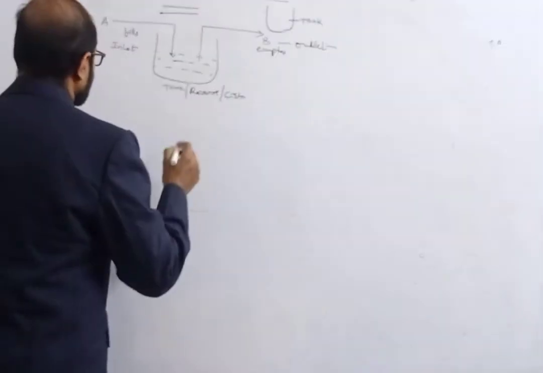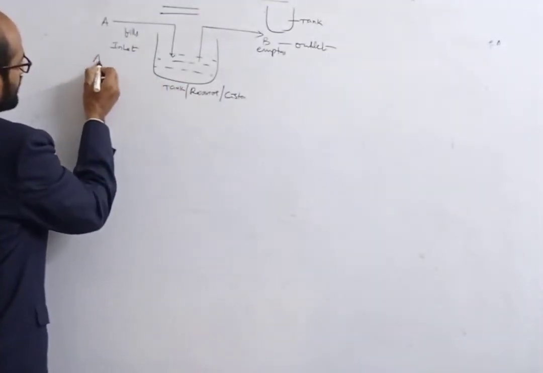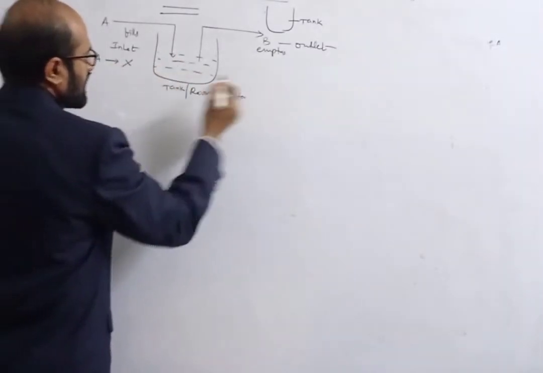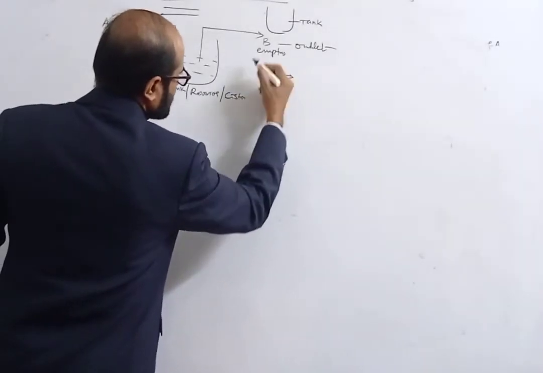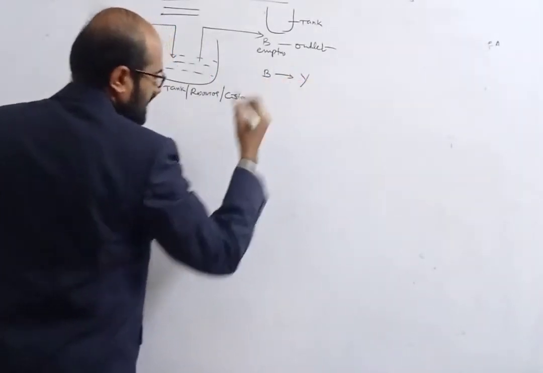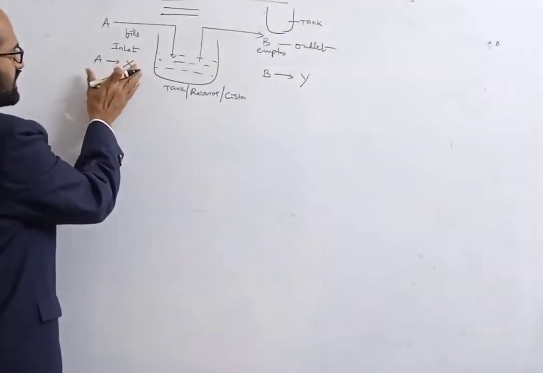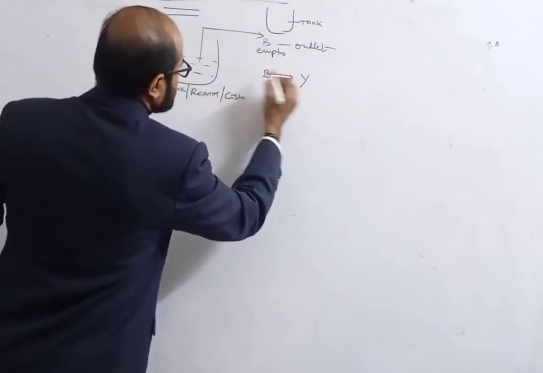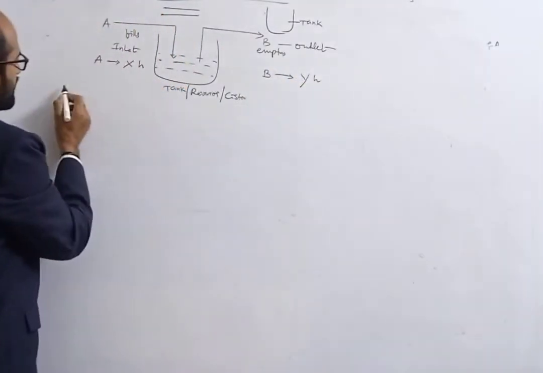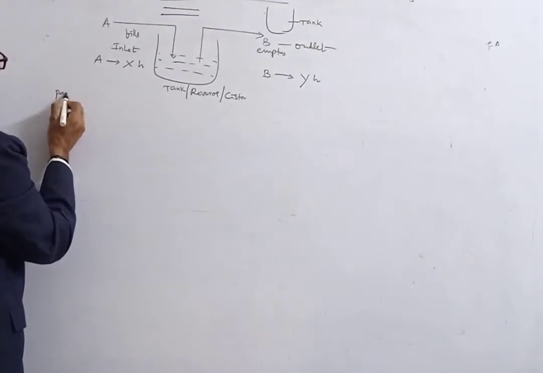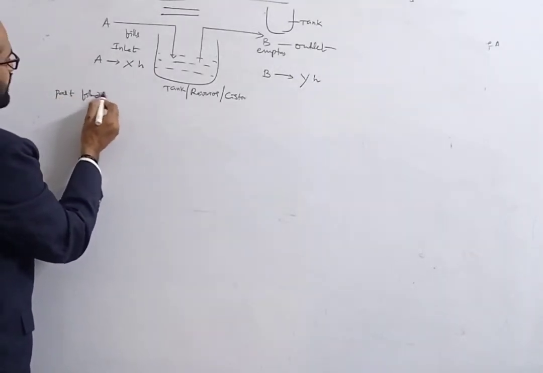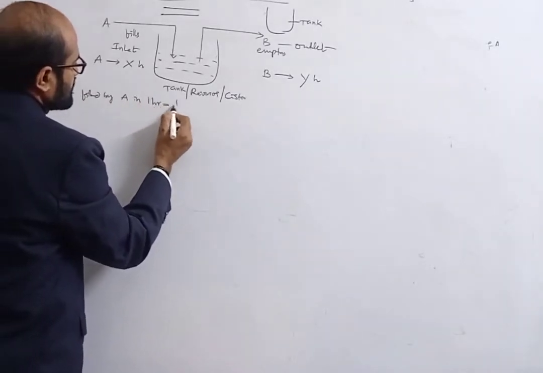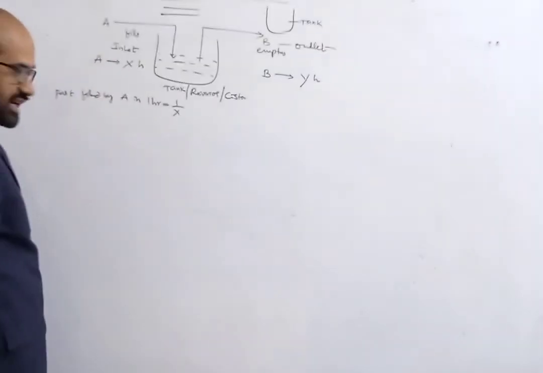Now let us suppose A fills this tank in X hours and B empties this tank in Y hours. Understood? Then the part filled by A in 1 hour is 1 by X, right?